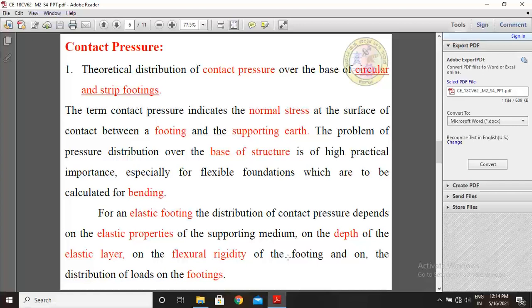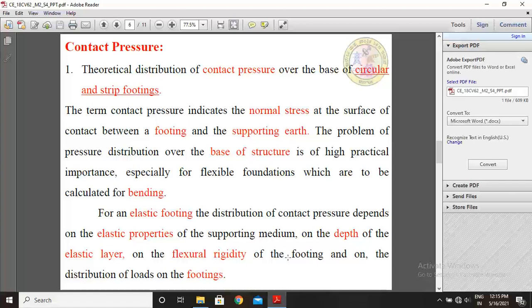The problem of pressure distribution over the base of a structure is of high practical importance, especially for flexible foundations which are to be calculated for bending. The upward pressure due to soil on the underside of the footing is termed contact pressure. This is one more definition.